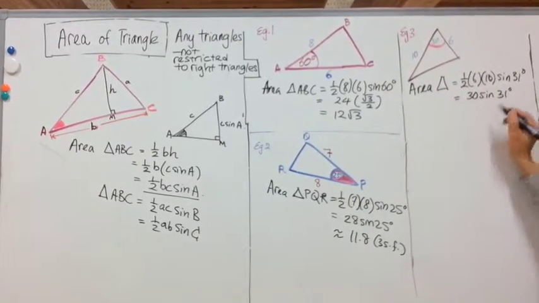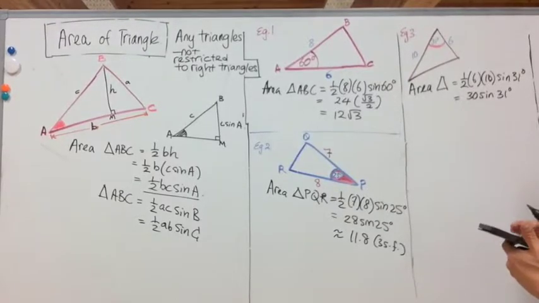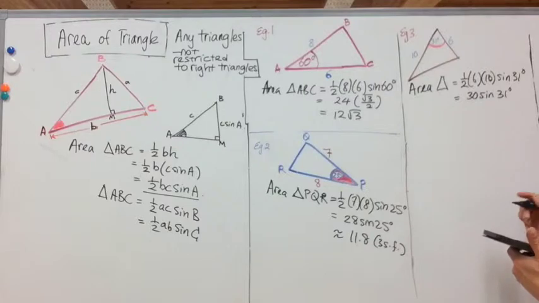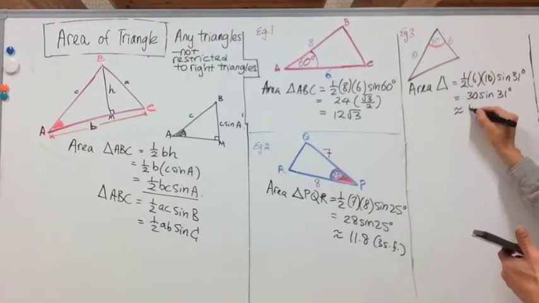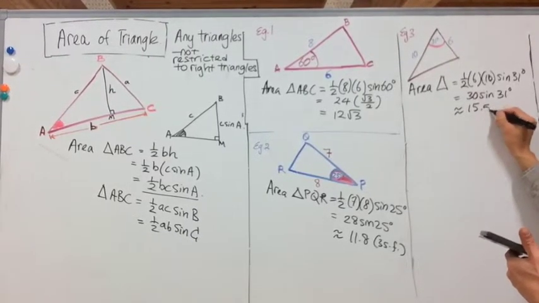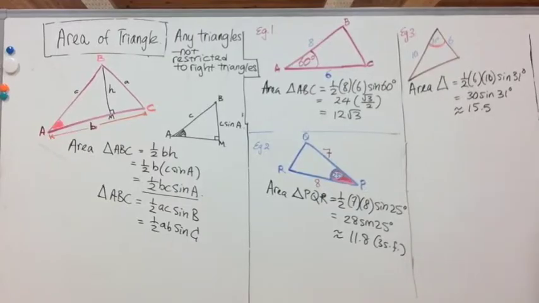Again, I'm going to use the calculator here: sine 31 times 30. If you do this correctly, it is roughly 15.5. That's the answer, 15.5.